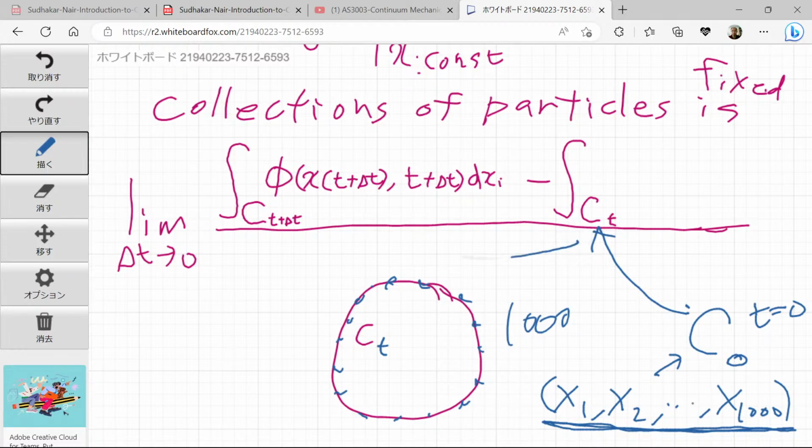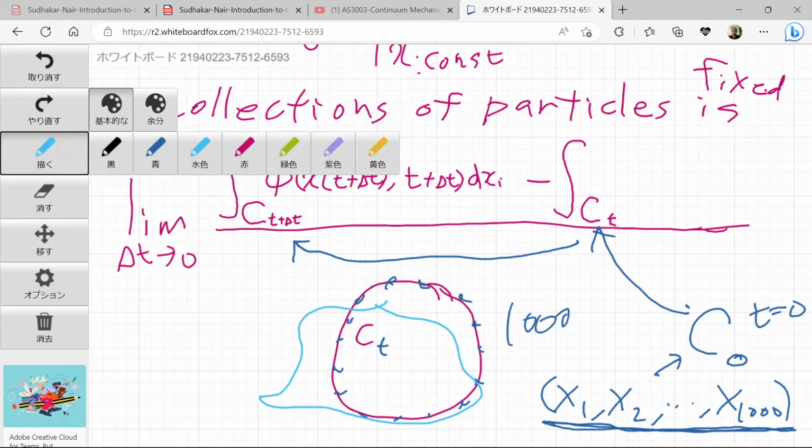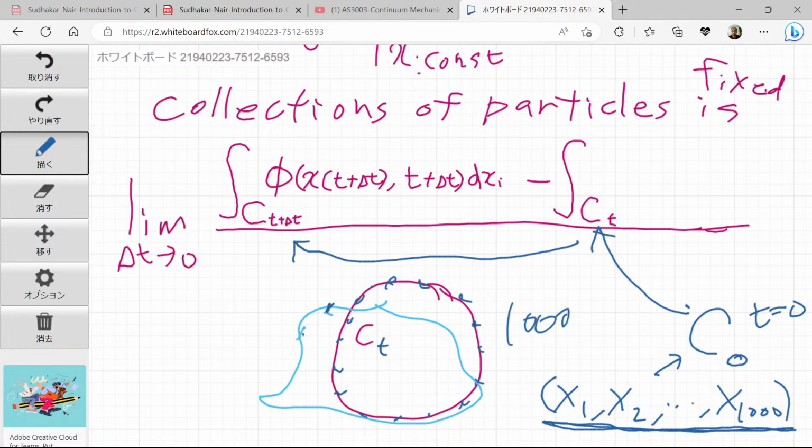Then the time changes to t plus delta t and the contour changes to some other shape. But the particles on this contour are the same. We just chase the same particles, maybe 10,000 or 100,000 particles.